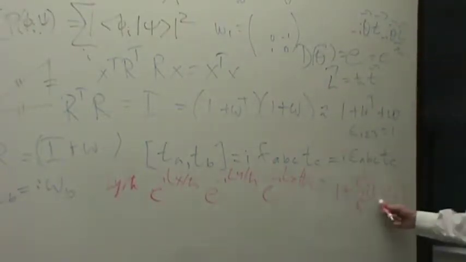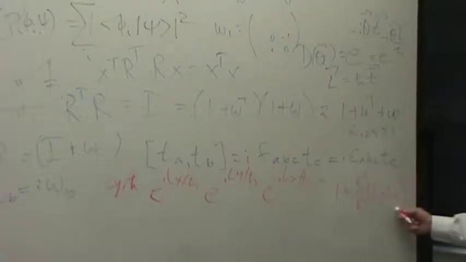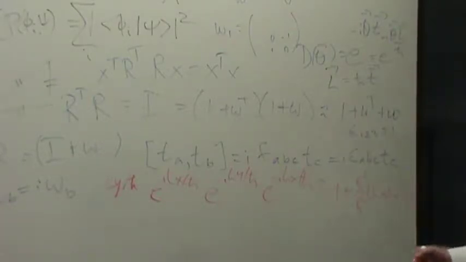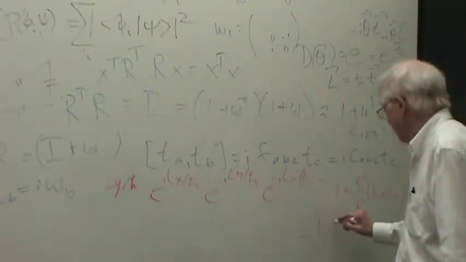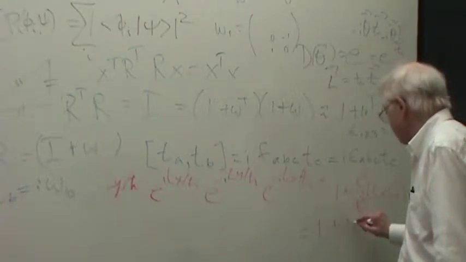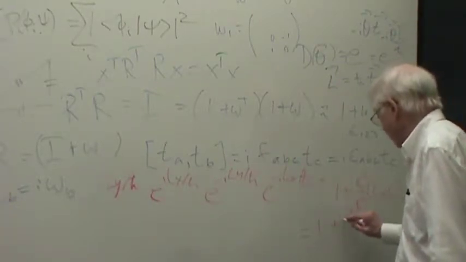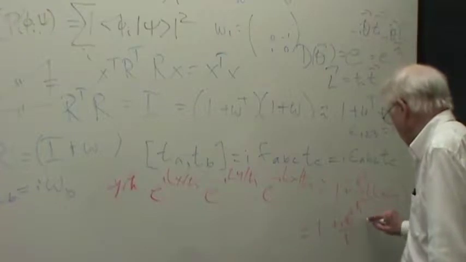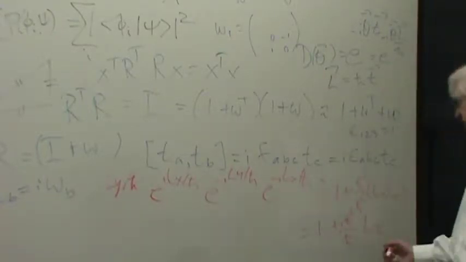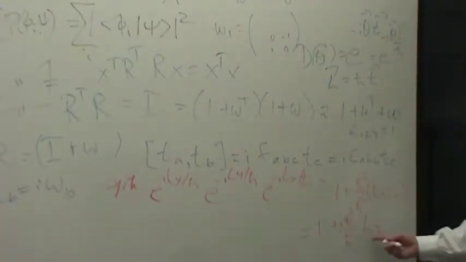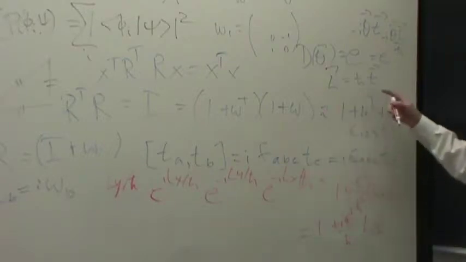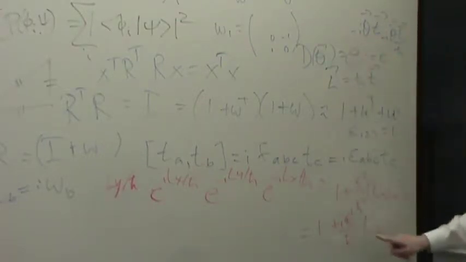And in quantum mechanics, we say [Lx, Ly] is i h bar Lz. So this should be 1 plus epsilon squared i over h bar Lz. So this should be a rotation in the minus direction about the z-axis.